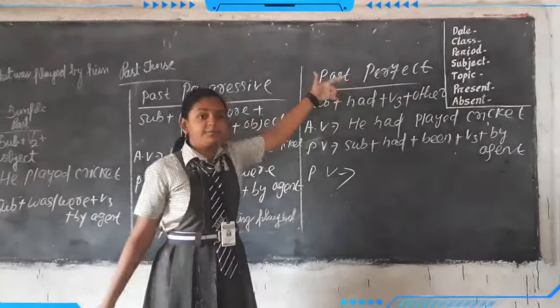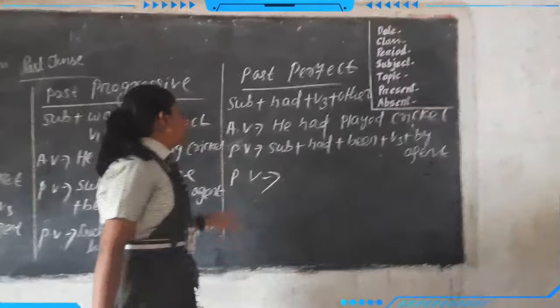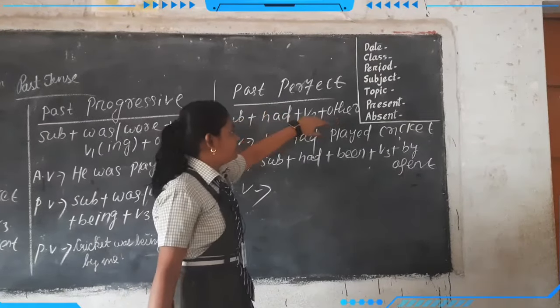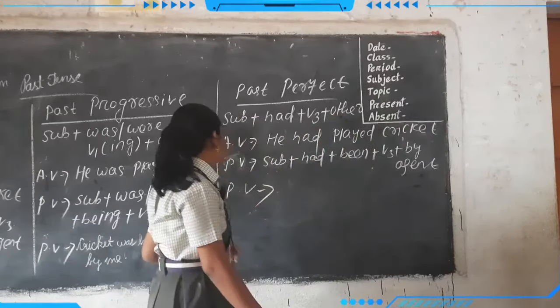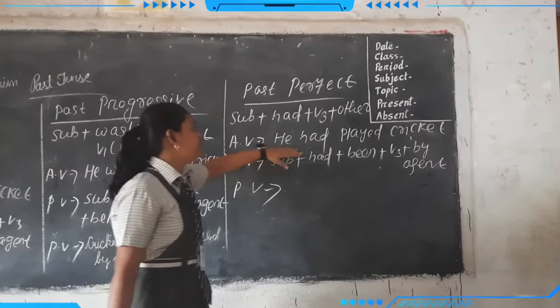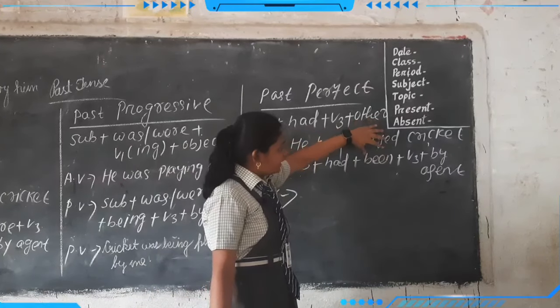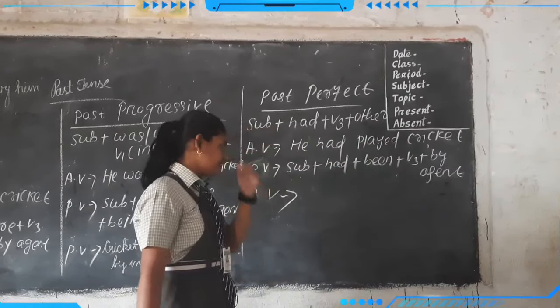Next, we come to past perfect tense. Here in the active voice, the structure is subject plus had plus verb 3 plus object, and the example is he had played cricket. He is the subject, played is the verb, and cricket is the object.